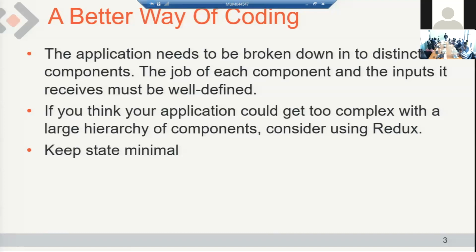So now, what to do? Decide in your application what is that data which is common for all the components, and what things are local to the specific component that you are dealing with. This is the thing we learned in a very tough way, right?